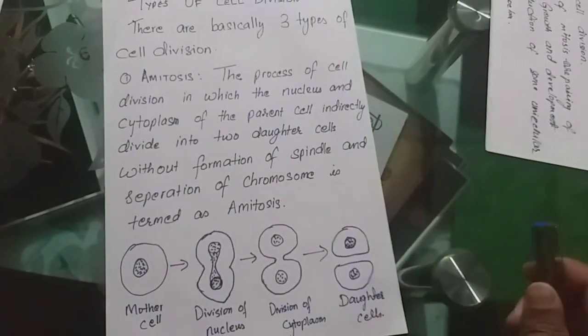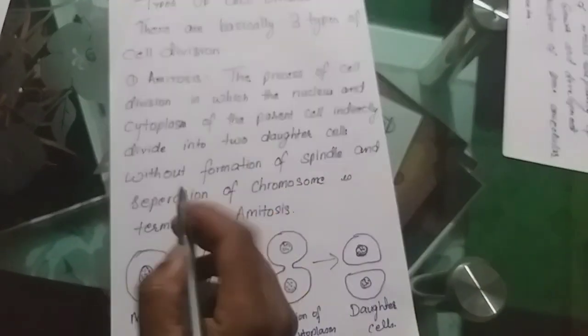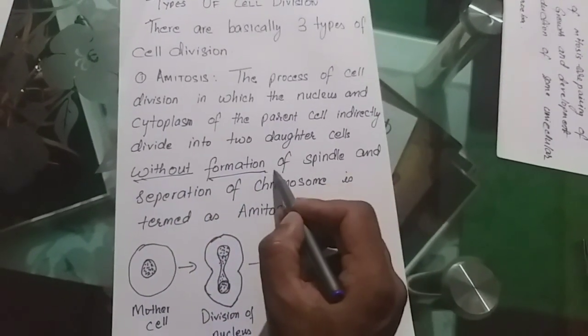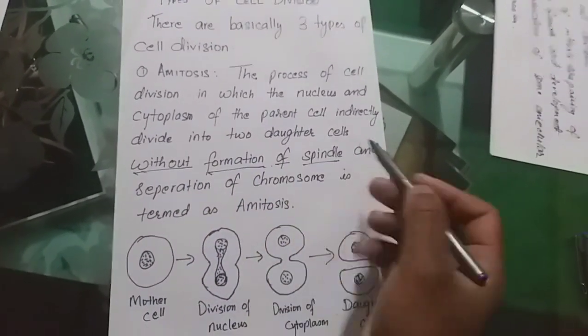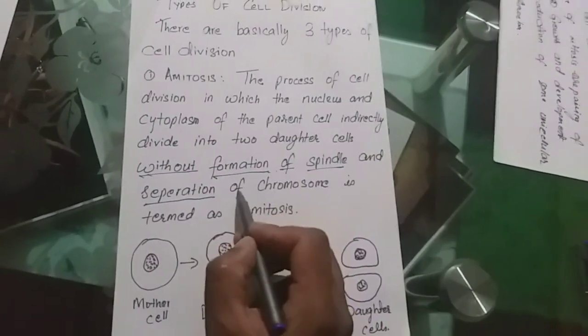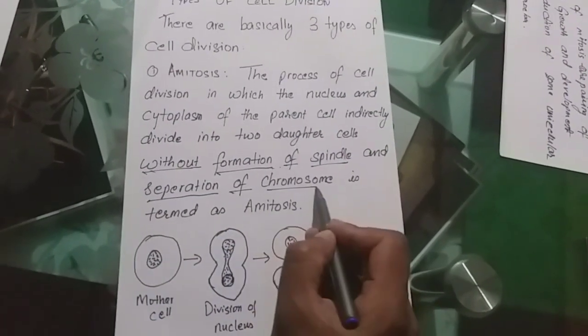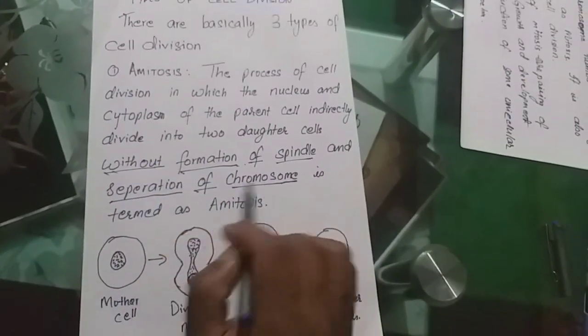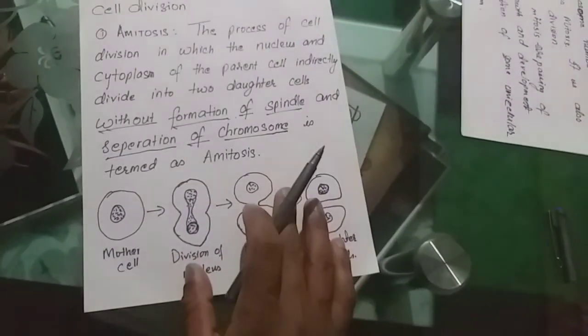So these are the main parts of this type of cell division. Okay, so those cell divisions which occur without the formation of spindle and separation of chromosome are termed as amitosis. I have made the diagram over here.